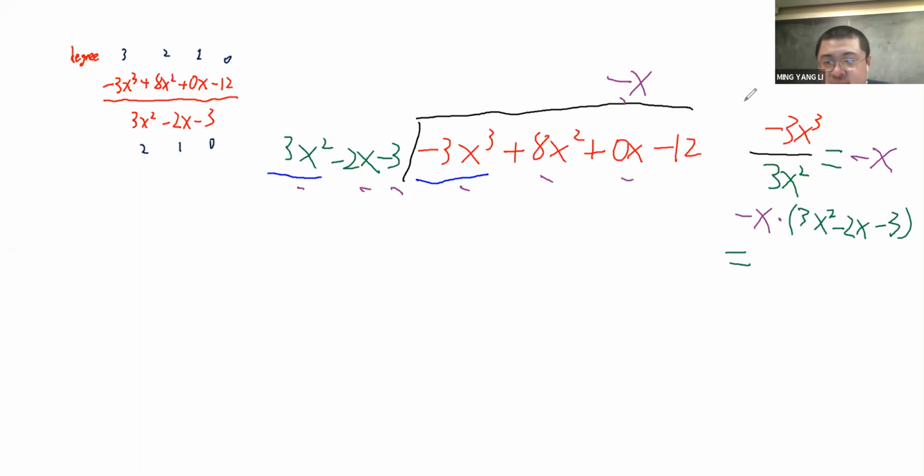The first one is negative x times 3x squared, so it's negative 3x cubed. The next one, negative times negative, is positive: x times 2x is 2x squared. And the negative times negative gives positive: 3 times x is just 3x.